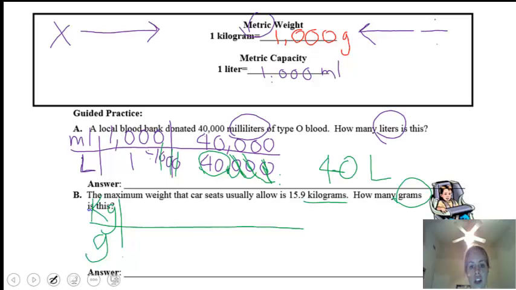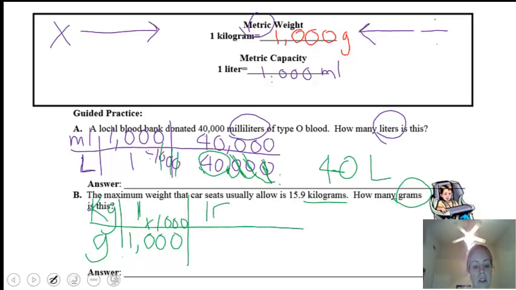So we look at our chart, we know that 1 kilogram is worth 1,000 grams. Think to yourself, am I multiplying or dividing? If you wrote down your rule is multiply by 1,000, you are on the right track. And I know I'm going to move my decimal to the right, to the right.